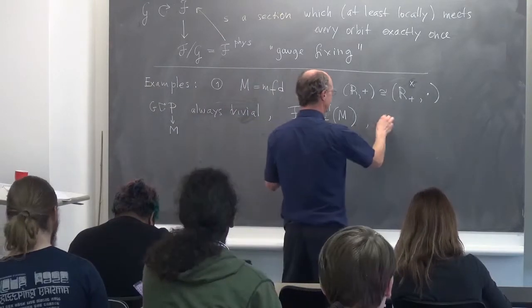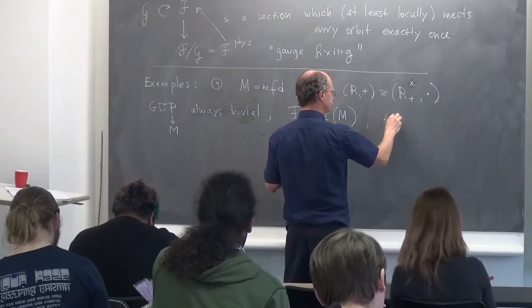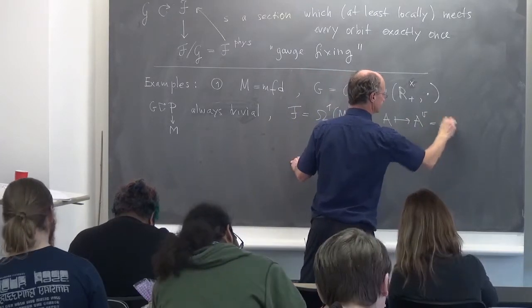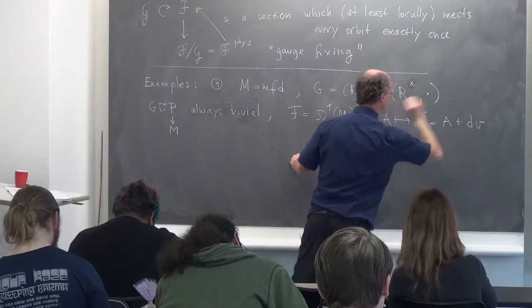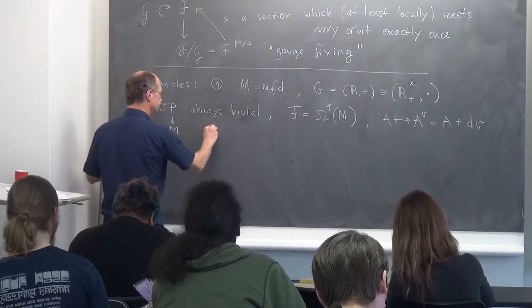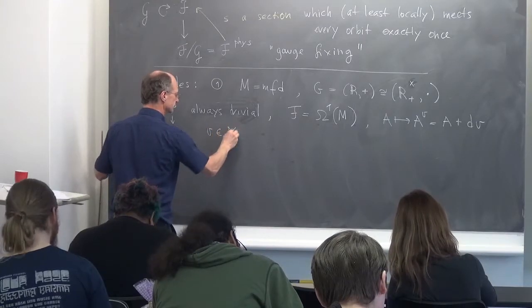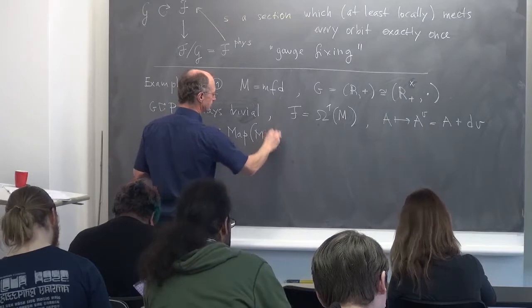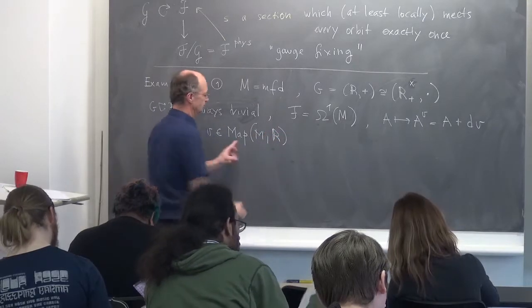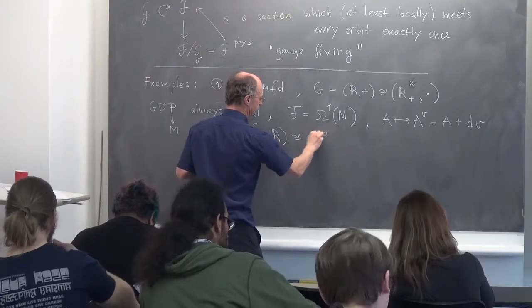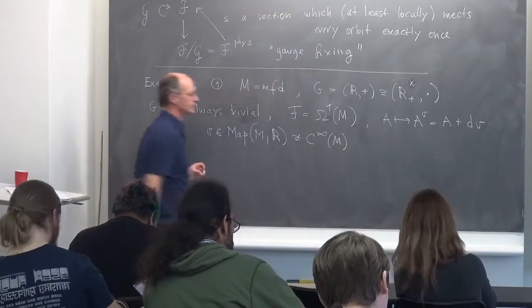And the action of the gauge group is by adding a differential of V, where V is a map from M to R. So that's our definition of the gauge group. In other words, this is just a smooth function.